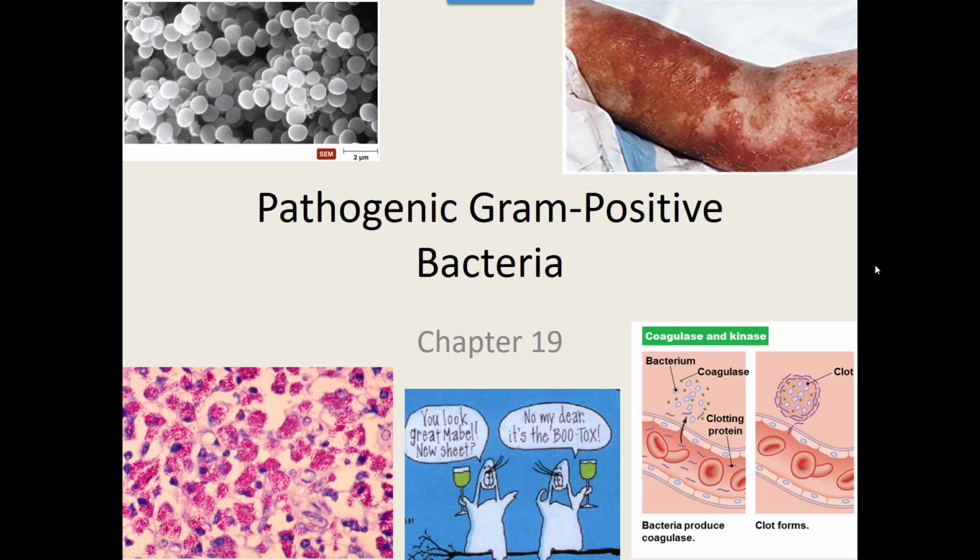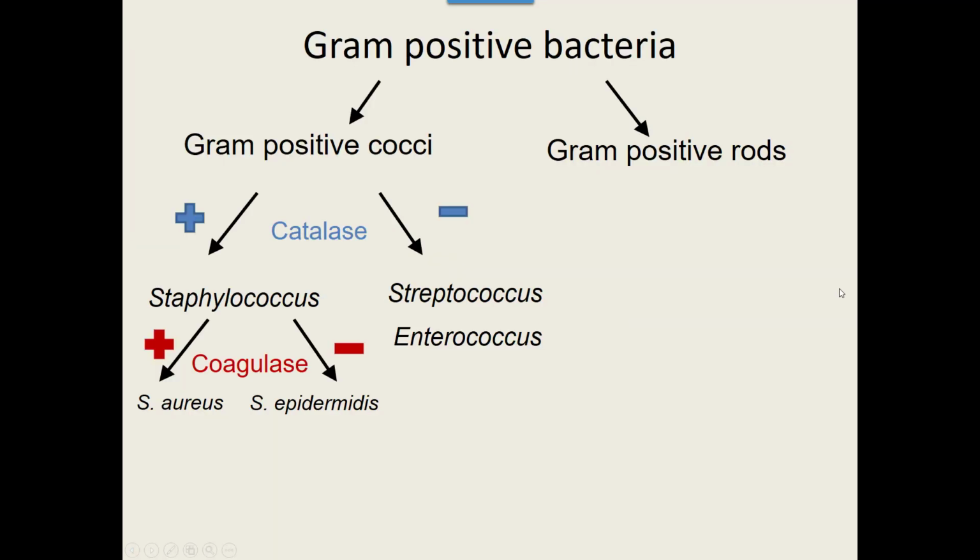Now, this first slide may look a little familiar, because from our lab, we're using this exact same type of flowchart for helping ID various types of gram-positive cocci bacteria in our lab. We group or separate gram-positive bacteria based on shape, cocci versus rods.